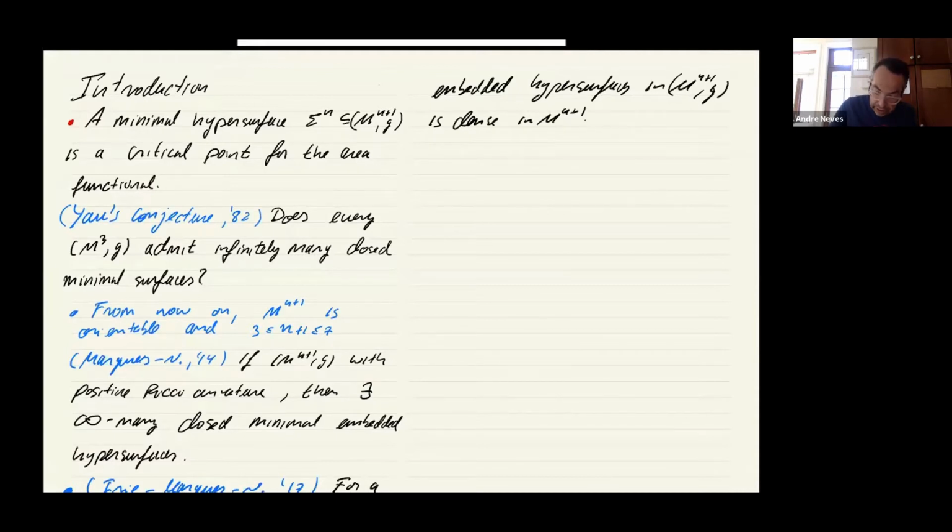In particular, Yau's conjecture holds generically.